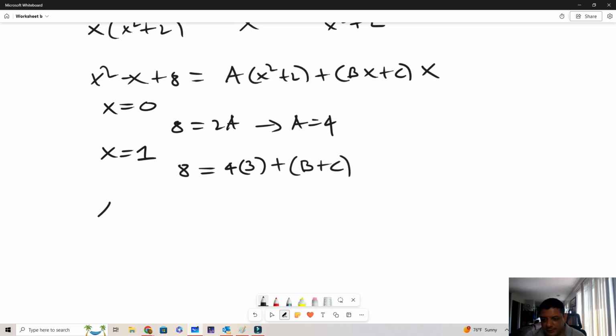So I'm going to give x equals -1. Over here, this is going to be 10, and over here, this is 4 times 3 again. By the way, this is going to give me 12. So this is going to be -4 is equal to B plus C.